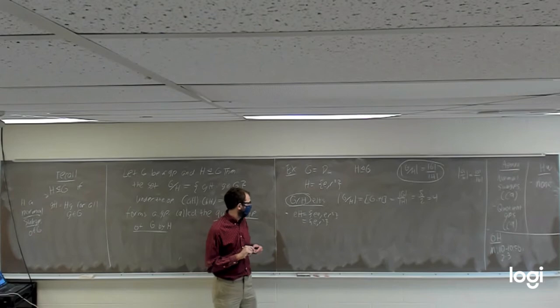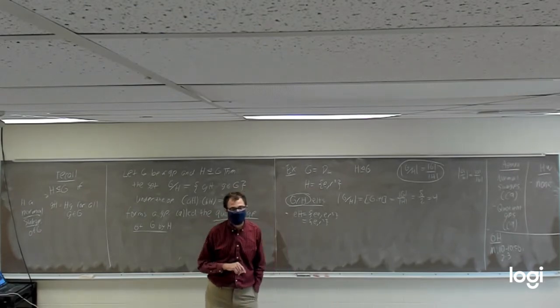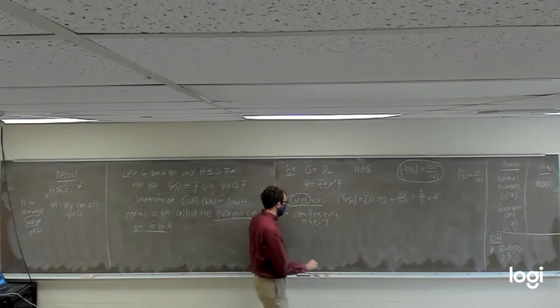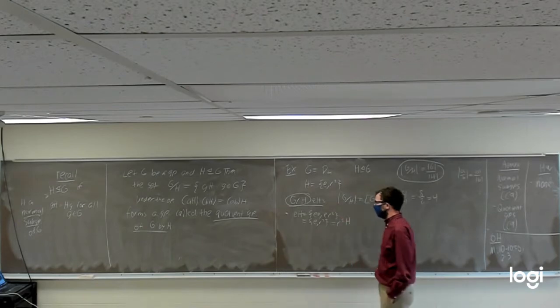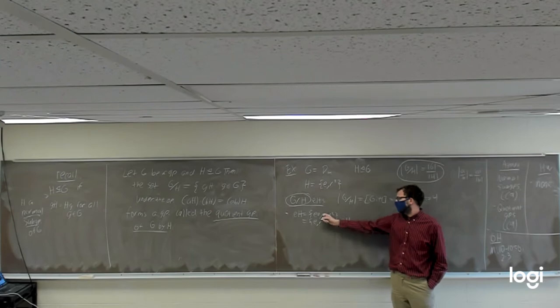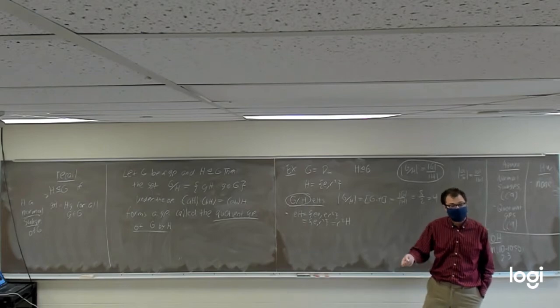HE. Yep. Give me another way to write it as a left coset. R squared H. Yeah. You could also say that this is equal to R squared H by the same reasoning. If you multiply E on the left by R squared, you get R squared. If you multiply R squared on the left by R squared, you get R to the fourth, which in D4 is equal to the identity.